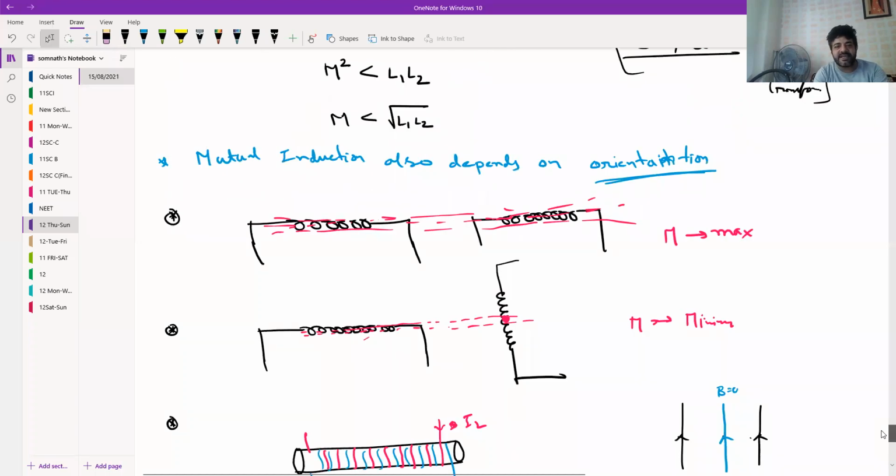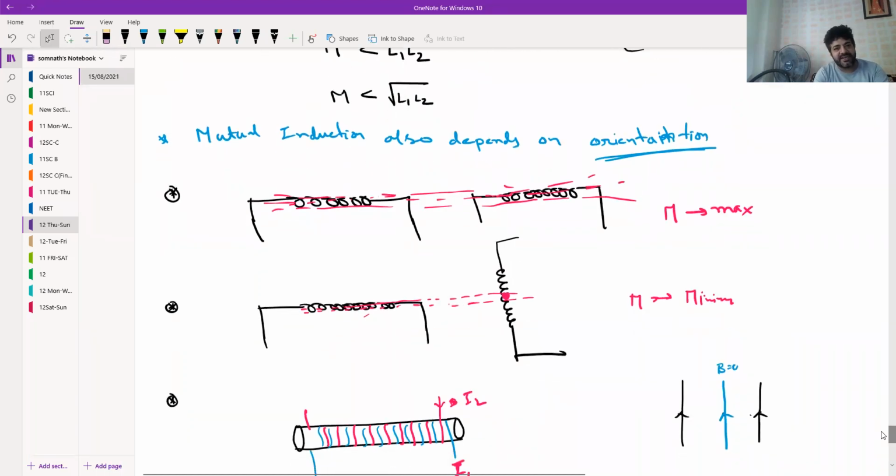Neither the first one is ideal nor the second one is ideal. In the first one you get a very large value of mutual induction, very near about accurate, meaning 1, and here also you get very near about the accuracy 1. So to judge how accurate they are, I can use the coupling constant.